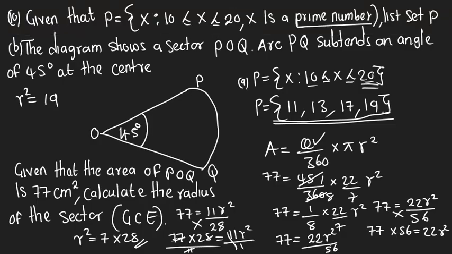Mommy, you can confirm. It's 196. Okay. And then what is the square root of 196? 14.